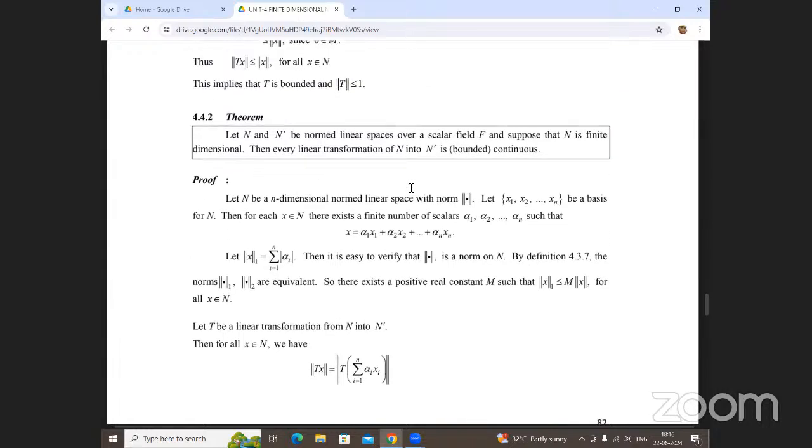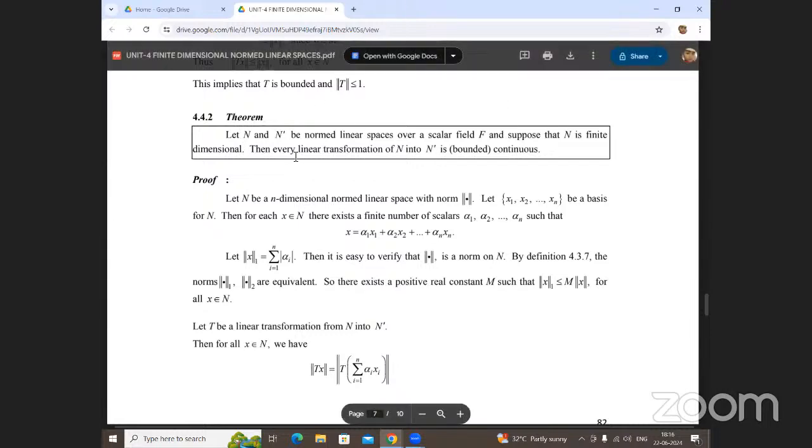Each and every theorem you just have to refer to once after the completion of this class, so it is easy to understand, and you have to remember it and keep it in your mind. Now this is the 4.4.2 theorem.